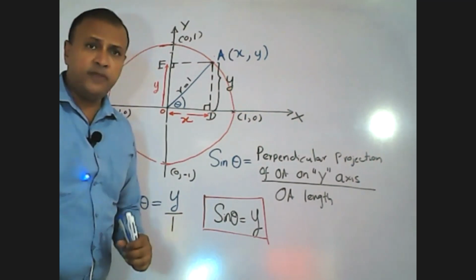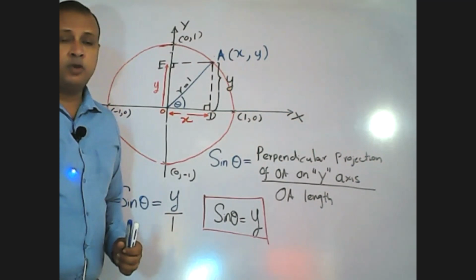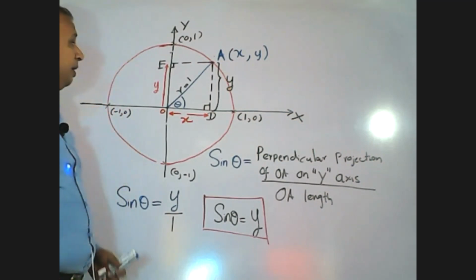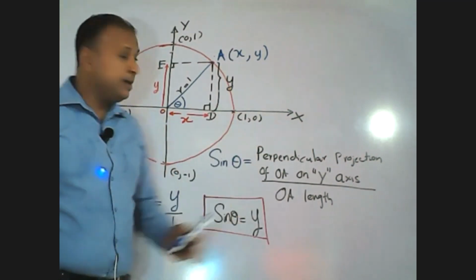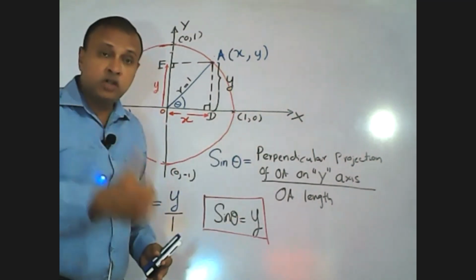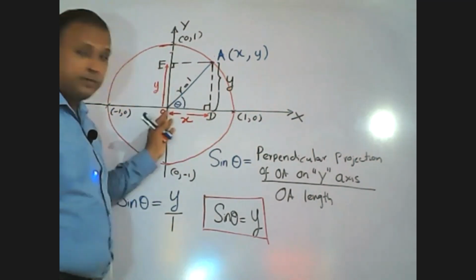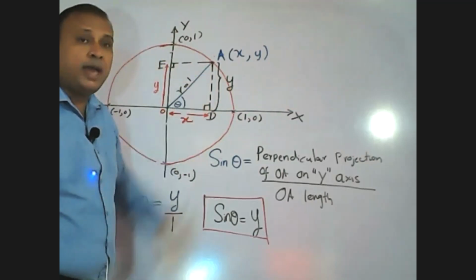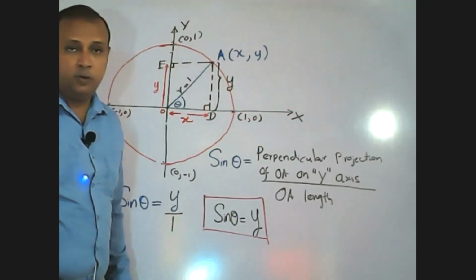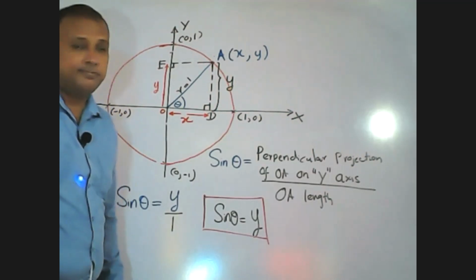Now we are going to define trigonometric ratios for all possible angles, because we can have an infinite number of angles. Angles are defined as the amount of rotation of the line segment. Therefore, the amount of rotation can take any value, so there may be an infinite number of angles.